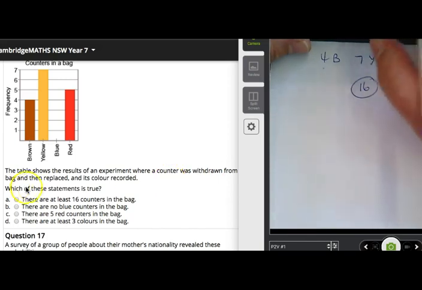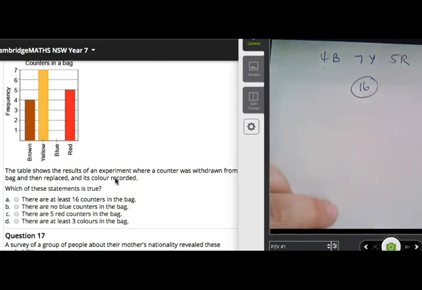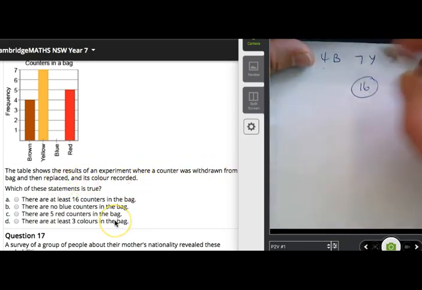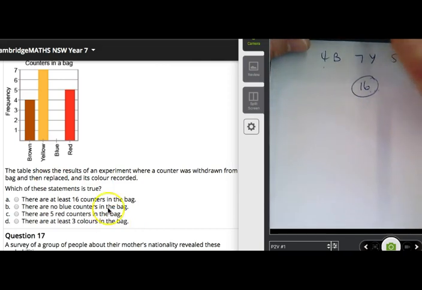You need to read this very, very carefully. It's not like the counters are withdrawn and not put back. The counters are withdrawn and placed back. So we don't know that there is at least 16, because the counter is withdrawn and then replaced. So I wouldn't be putting A as an answer. There are no blue. We don't know that. There could be a blue.